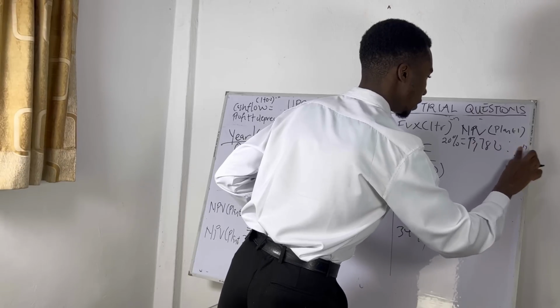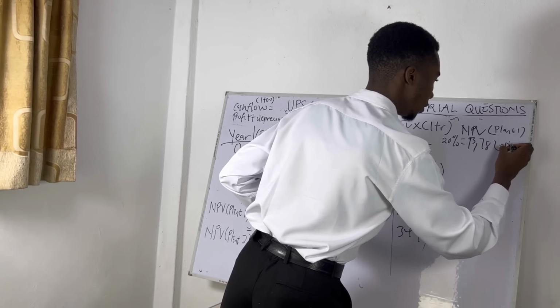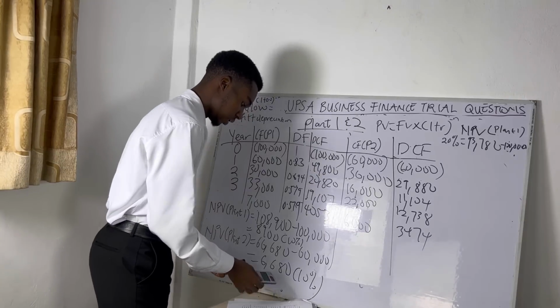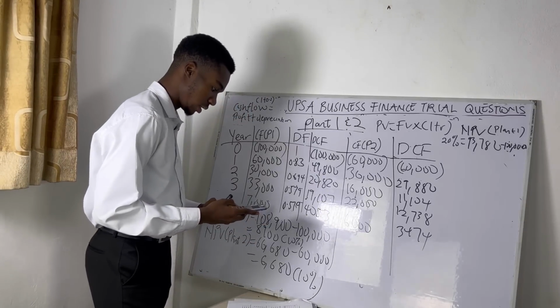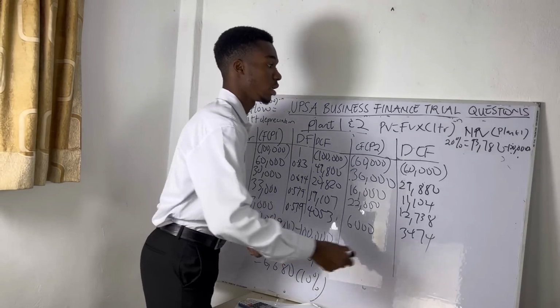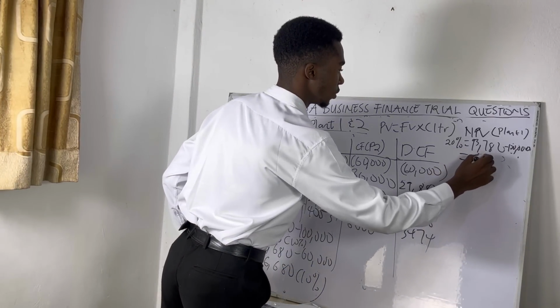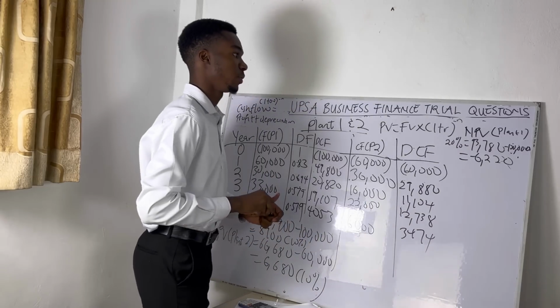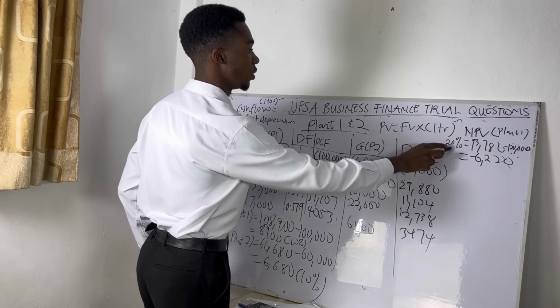So 93,780 minus 100,000. Negative 6,220. Sorry. So that's the net present value for plant 1 using 20%.